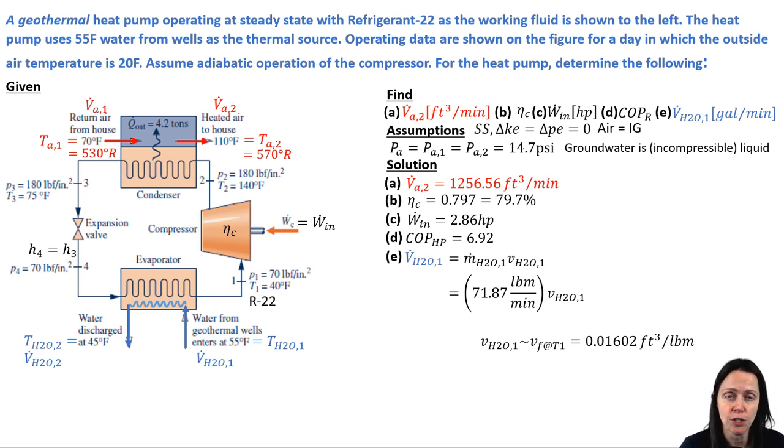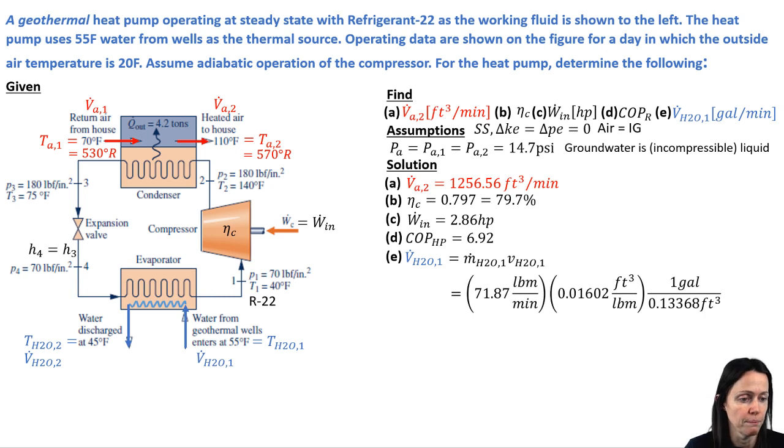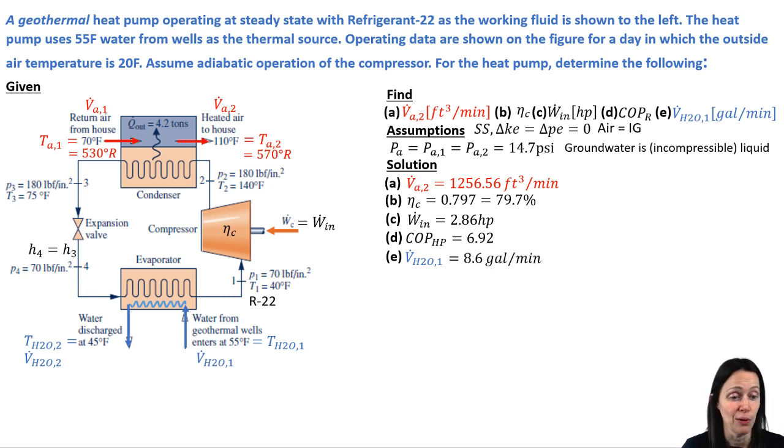And so I can just approximate that as v sub f at T1. So 0.0602 feet cubed per pound mass, and you're getting those out of your saturated tables for water. So plug and chug, make sure you watch your units, and you get 8.6 gallons per minute. All right, well, I hope that was helpful. Thank you for watching, and let me know if you have any questions.